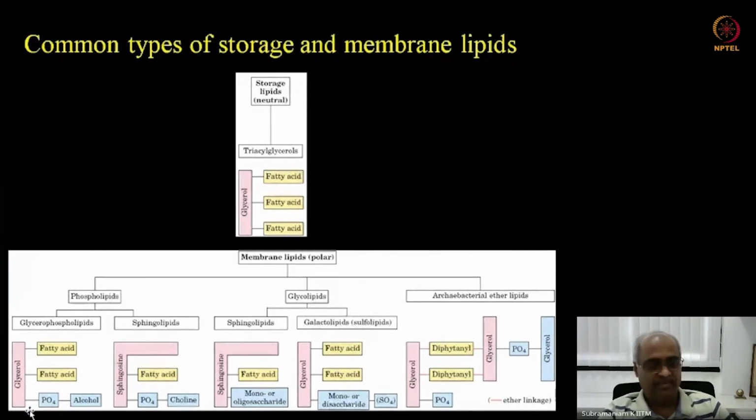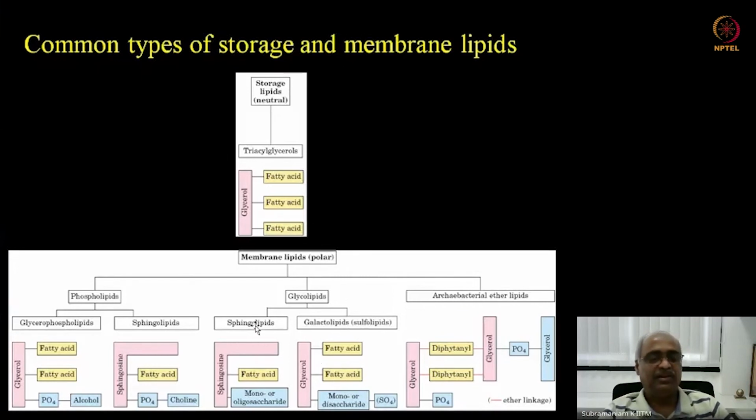And when you have them, they become the galactolipids. And usually, remember, we have learned that monosaccharides can have acid groups like carboxyl group, sulfate group attached. And usually they are sulfated mono and disaccharides, and that's galactolipid.